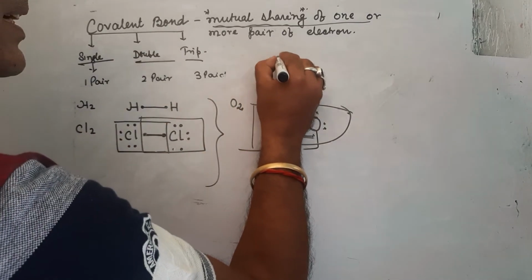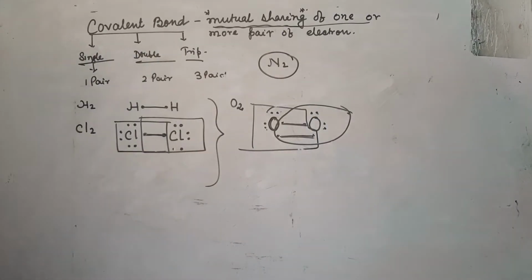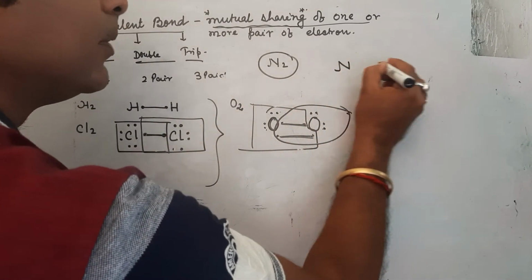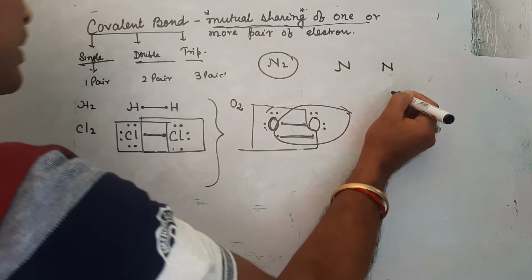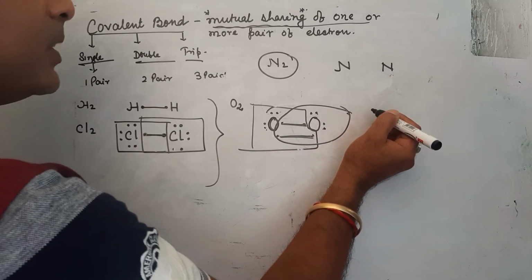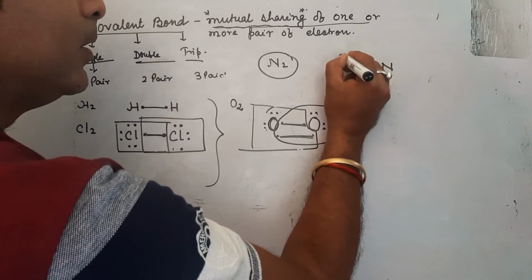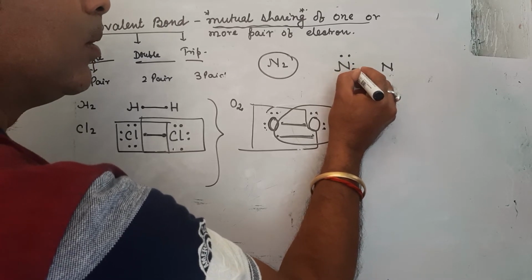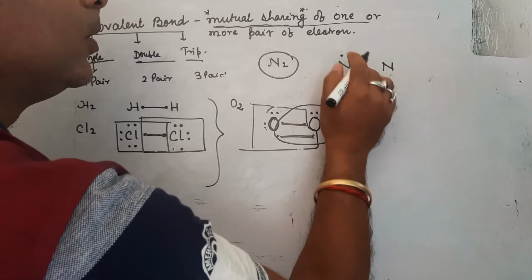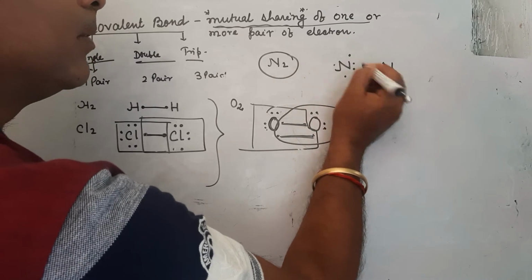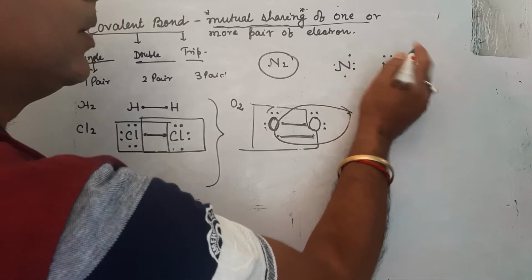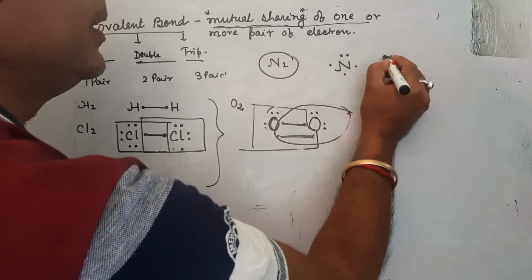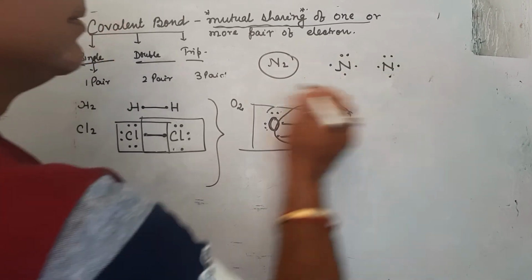If I consider nitrogen, N2, nitrogen one and nitrogen one. The atomic number of nitrogen is 7, that is 2 and 5. So outermost shell has 5 electrons. Here it is 2 and each 1, and here also 2 and each 1.